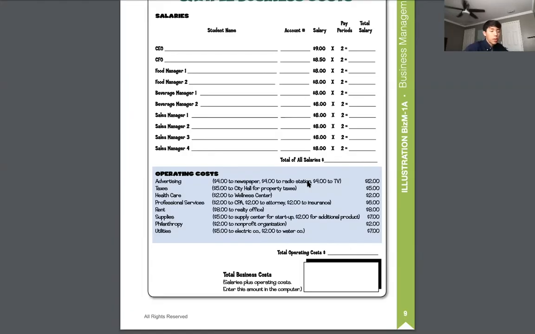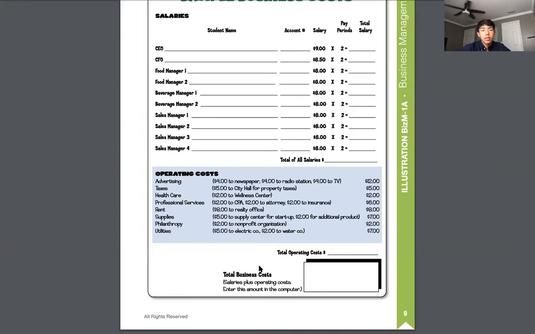And I'm going to do some quick math to do the top part real quick. So for the total salaries for all of our, I think this is 10 employees, we're paying a total of $163. And we add up our operating costs, we see our total operating costs are $49. So at the very bottom right here, it says total business costs.